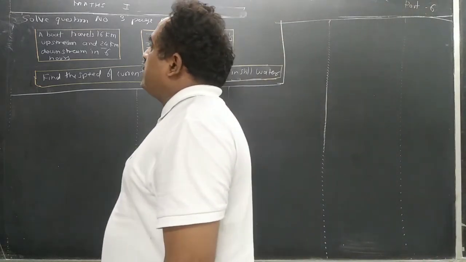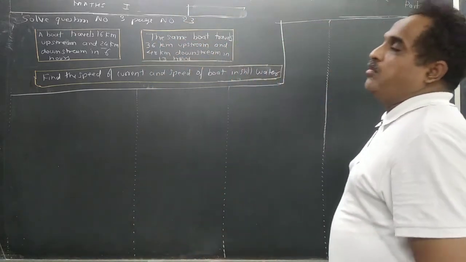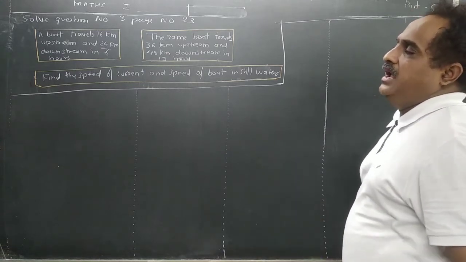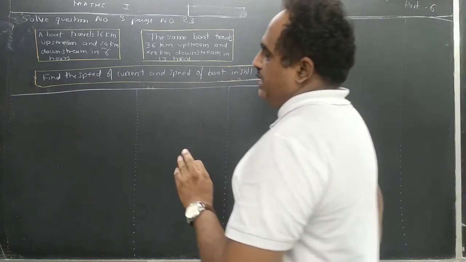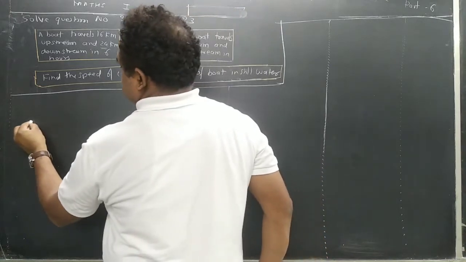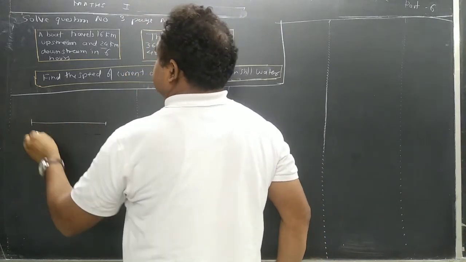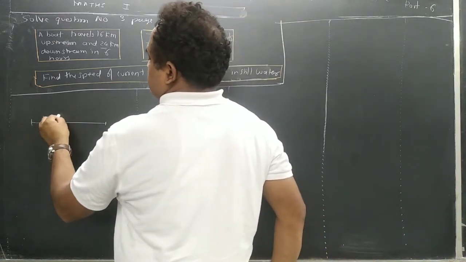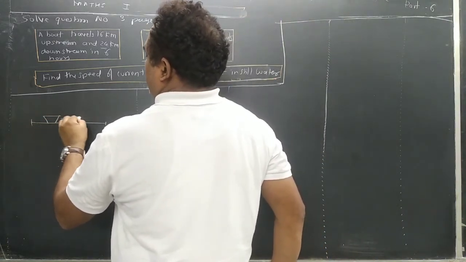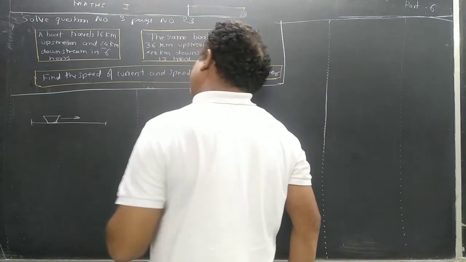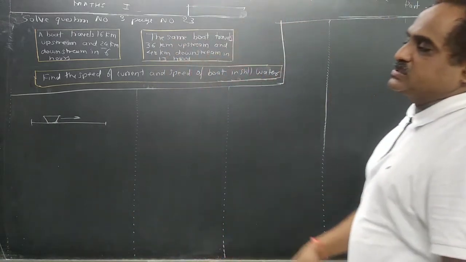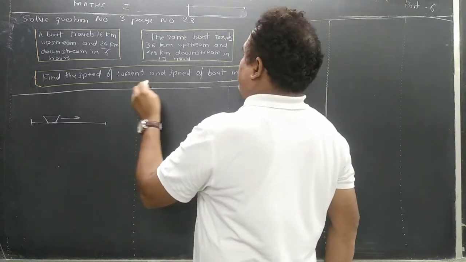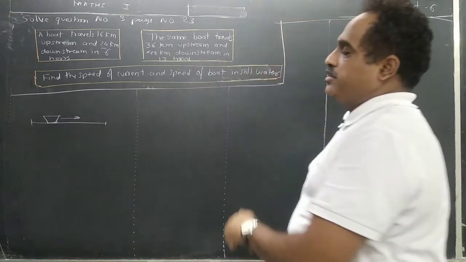Please, these questions are very common in board exams. You are going to do it in a proper way. Okay, now imagine once that this is still water, the water is stationary, and your boat is traveling with some speed. The boat travels with one speed, its maximum speed. That is the speed of boat in still water.